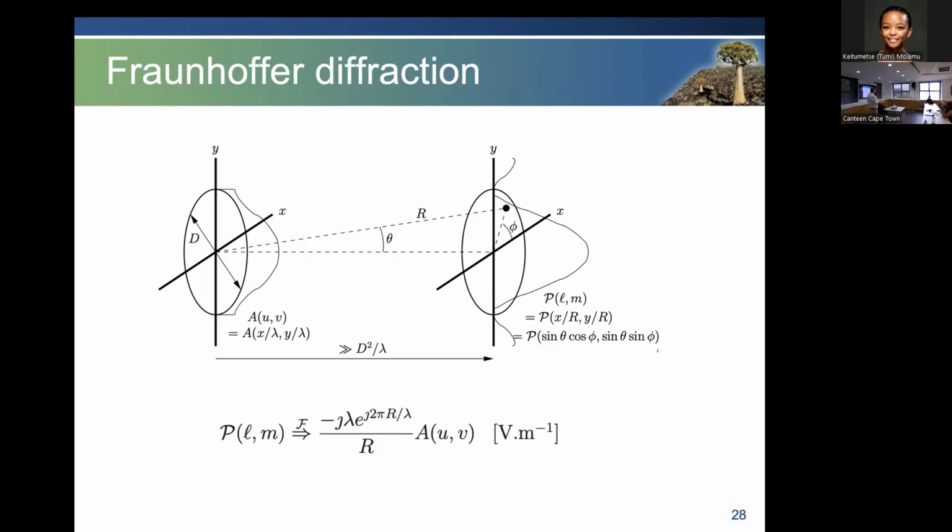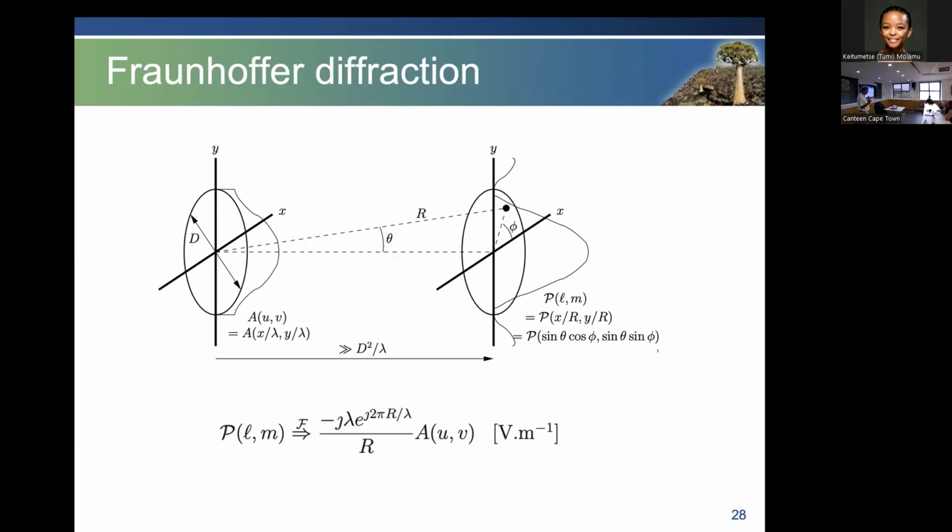So now we move to 2 dimensions. You've got 2 planes. You've got the aperture plane over there. We scale that into coordinates of u and v, where u and v are x and y scaled by wavelength. Then in the far field, which we can do in astronomy because all of our sources are a long way away, far field basically means that r squared over lambda is very much greater than 1, you end up with a beam, and the coordinate system we use there is l and m, which are direction cosines.